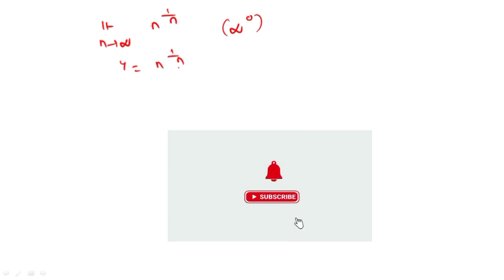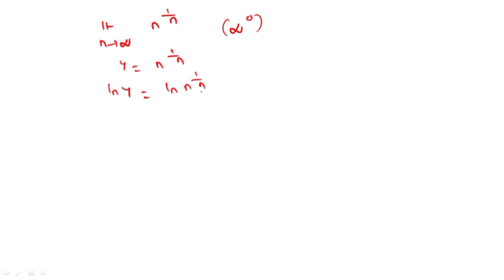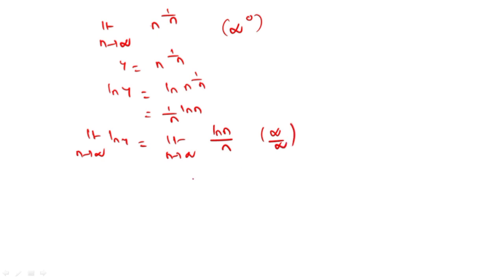Here also you should take y is n power 1 by n, take ln on both sides, ln of n power 1 by n, this is 1 by n ln n. Now take the limit of ln n by n. This is again in the form of infinity by infinity.